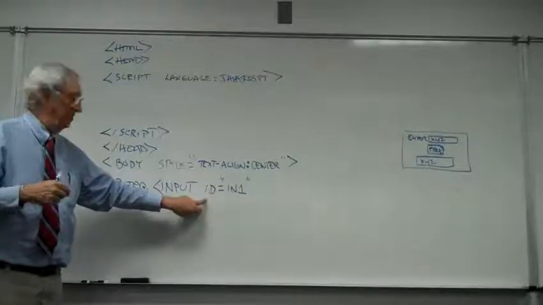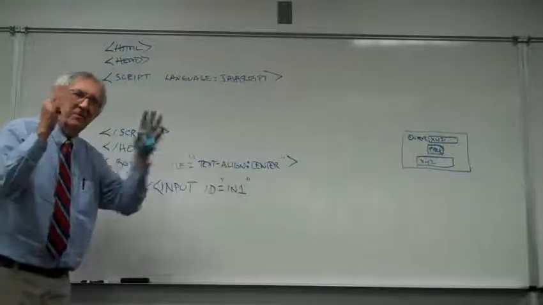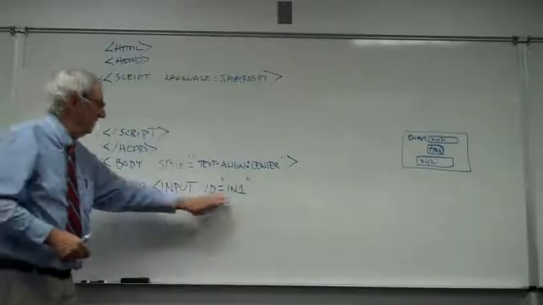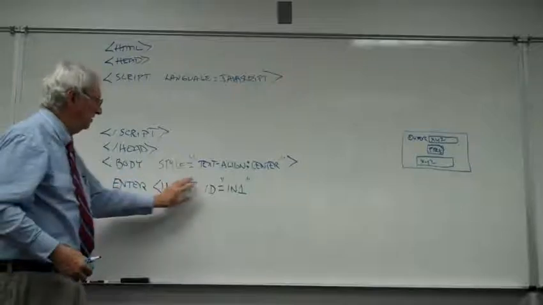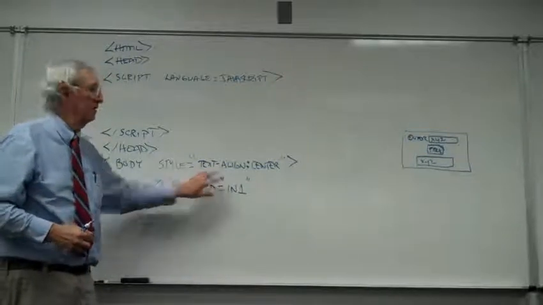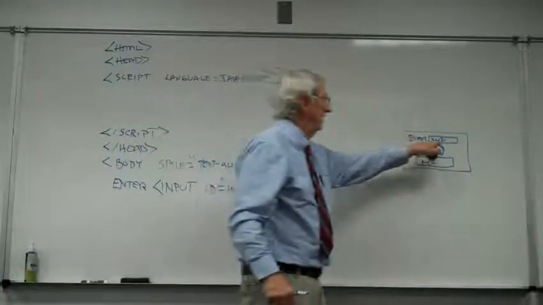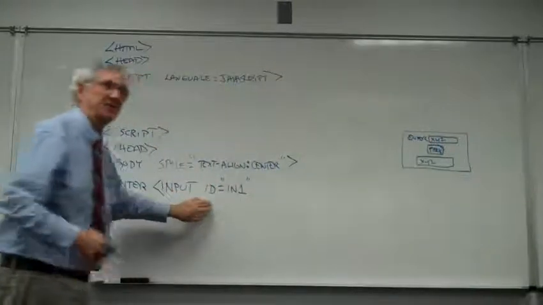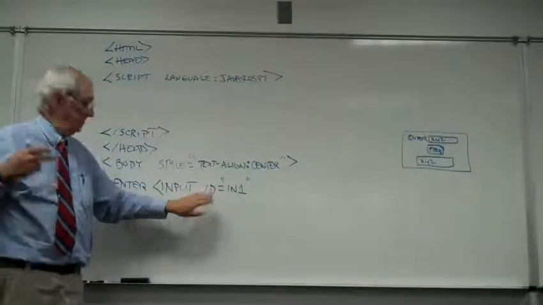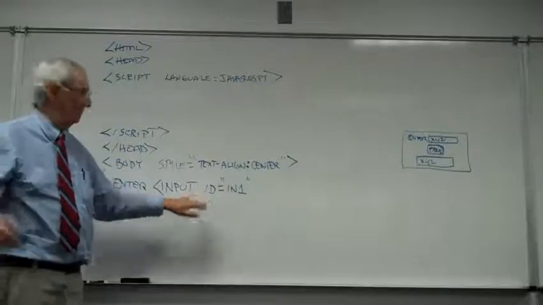Input is, ID is, in1 is not. This is my word I'm putting in here; it's my name. Whatever's in this rectangle that this input creates, I'm going to give it the name in1. So it's like a variable, and in1 is going to be its name. That's how you do that.